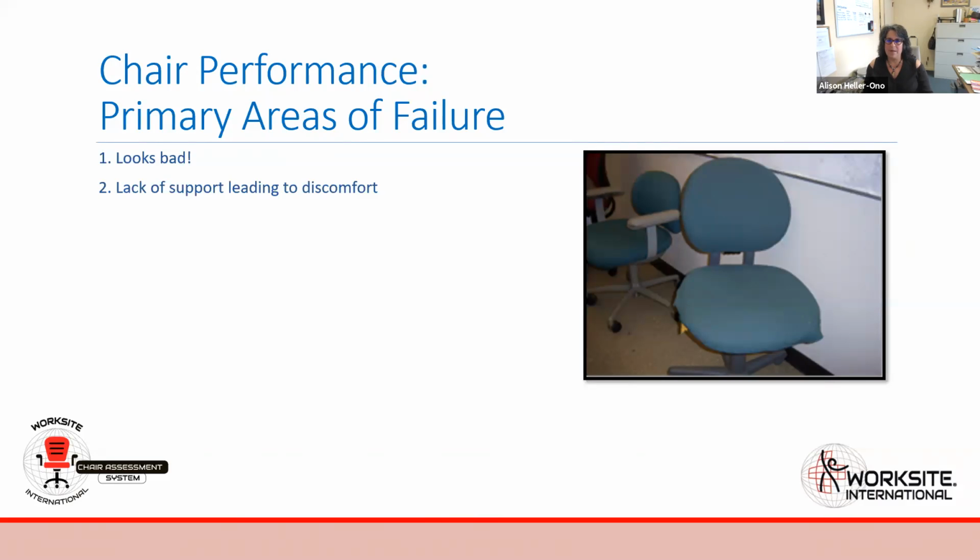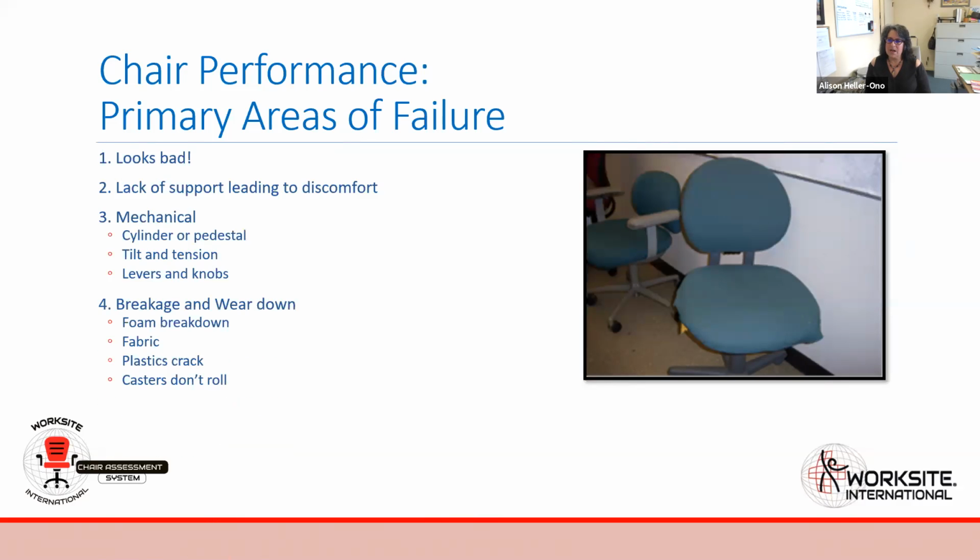But many people have discomfort associated with these issues. There's mechanical failure, so the cylinder or the pedestal will fail. The tilt and tension mechanisms fail, or they've never been engaged. They remain unutilized for the life of the chair. And then the levers and knobs can break or malfunction and stop working.